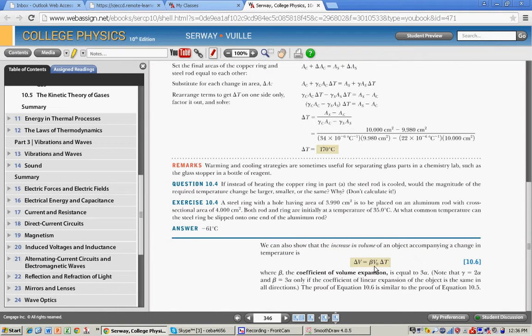There you go. So this is the expression for expansion in volume, and this coefficient beta is 3 times the linear coefficient.